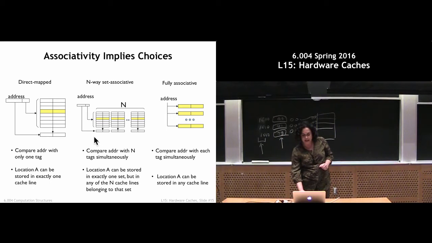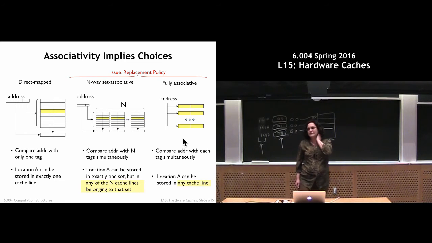And so here we have to do n separate comparisons to see whether or not our address matches one of the tags. And finally, we have our fully associative cache, where any address can go in any line of the cache, and that means that we need the number of comparators equal to the number of lines in my cache.